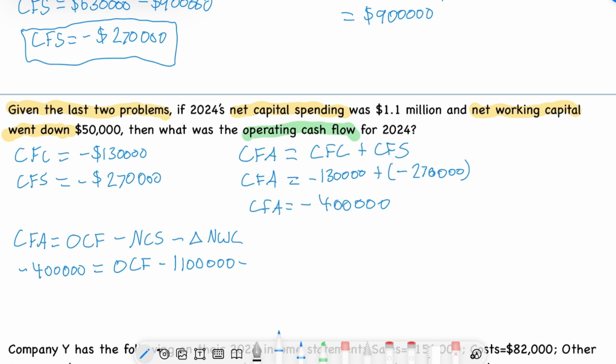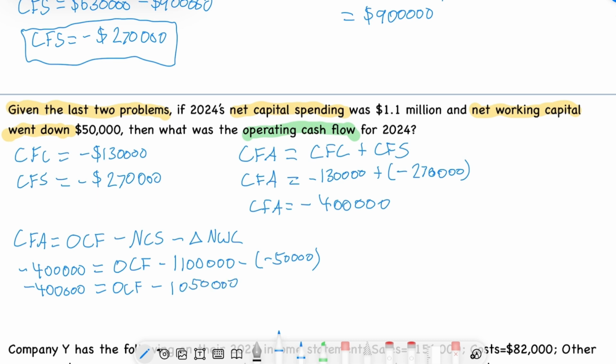We have a change in net working capital, and it says that it went down $50,000. So that's going to be a negative $50,000. If we combine all these, we should get negative $400,000 equals operating cash flow minus $1,100,000 plus $50,000. That's going to be $1,050,000.